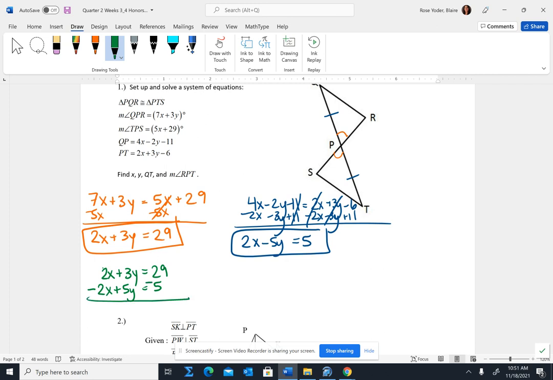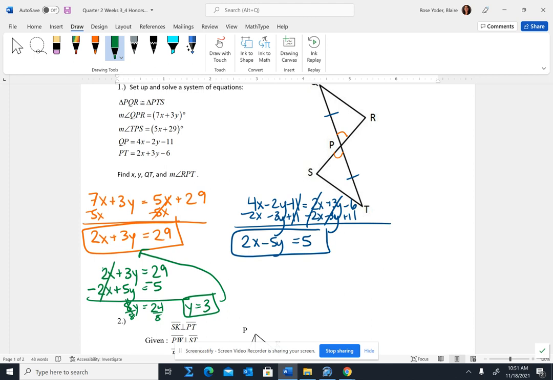And now I can add my equations together. So the x's get eliminated, and I get 8y equals 29 minus 5, which is 24. And 24 divided by 8 is 3. And then I can pick one of my equations that has a box around it, whichever one looks the easiest. I kind of like to pick one where everything's positive.